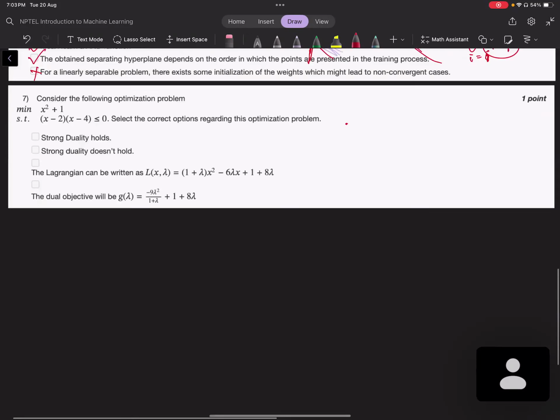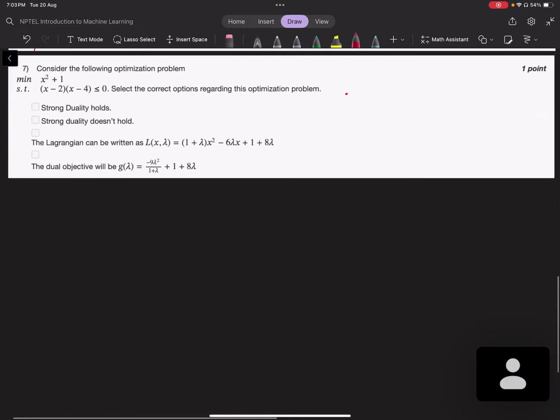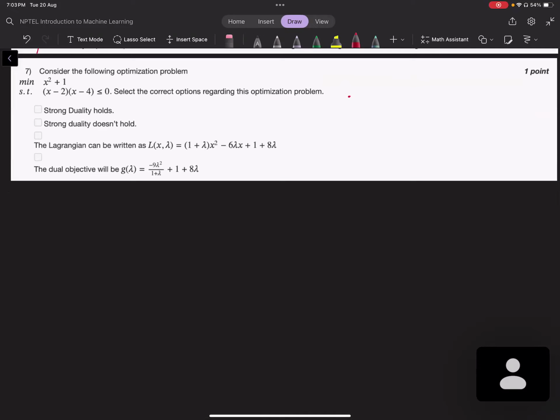Okay. So going to the next question. It's an interesting question. I'll try to solve it, because if you're giving me 2 minutes to answer, I think it will take more than 2 minutes.